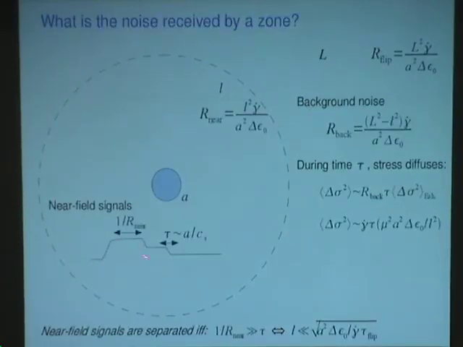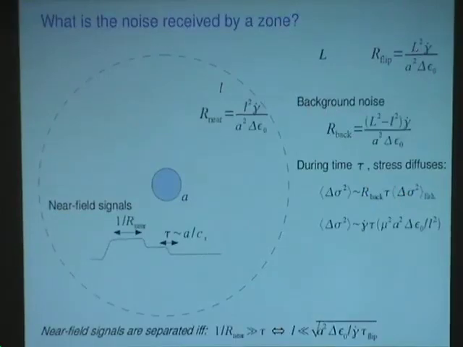So under what condition? A shift in stress occurs during a time tau, and during this time tau, the stress noise coming from the rest of the system will introduce a fluctuation of stress which has this form. It's just the rate of all these flips times the time tau times the fluctuation of stress which is due to HLB.